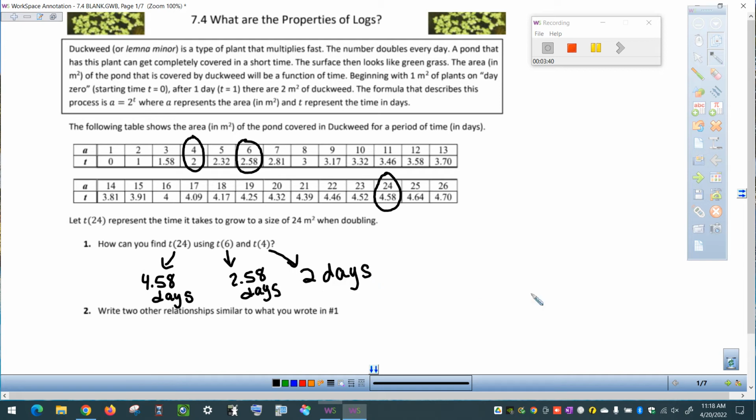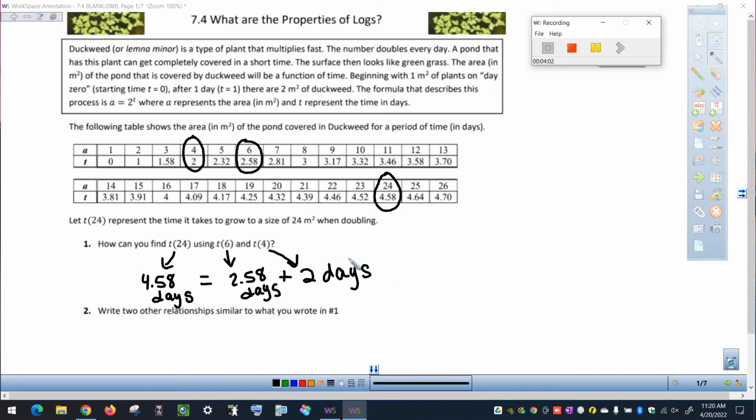All right, so I would like you to turn to the people that you are sitting with and tell them, is there anything you notice? Is there any connection between these values? The 2 values on the right-hand side, so we see 2.58 days plus 2 days is equal to 4.58 days.